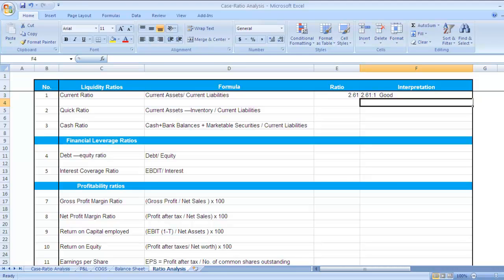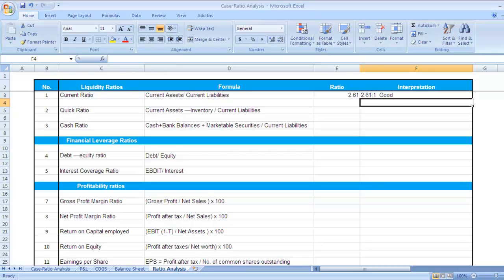The higher the current ratio, the greater the margin of safety, or the larger the safety for creditors. The larger the amount of current assets in relation to current liabilities, the more the firm's ability to meet its current obligations. So one thing is clear, this company is very good in current ratio.